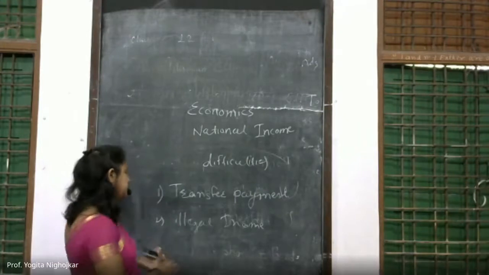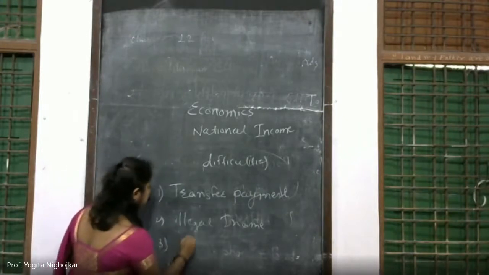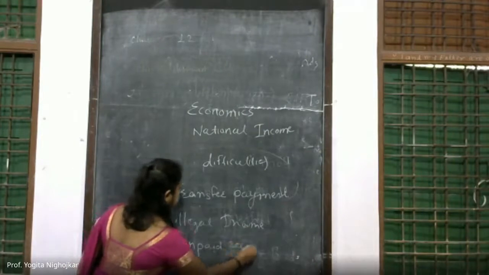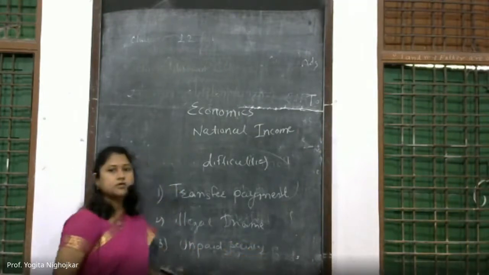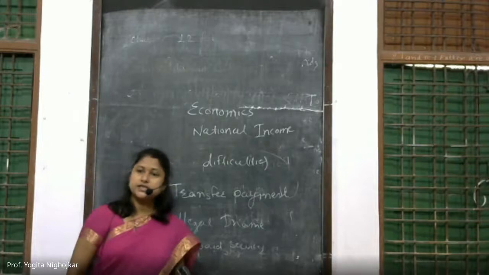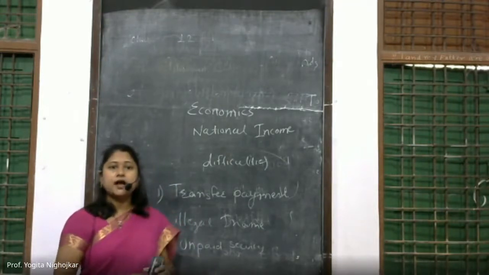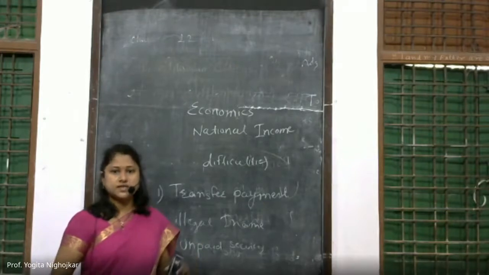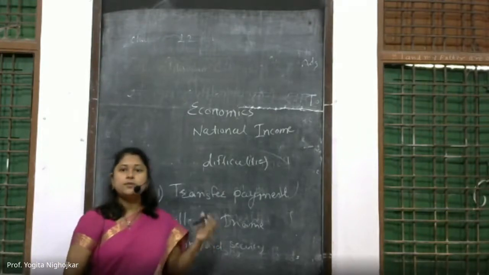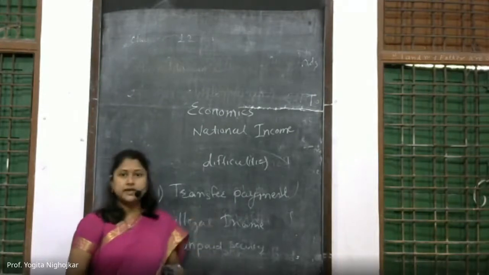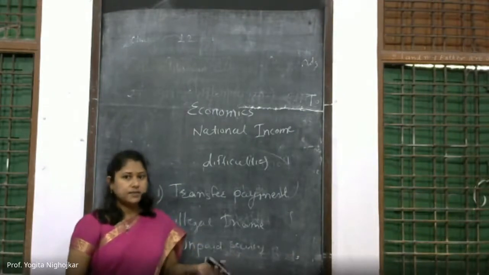Next is unpaid services. What are unpaid services? National income is always measured in money, but there are a number of goods and services which are difficult to assess in terms of money. For example, painting as a hobby by an individual, or the bringing up of children by the mother.